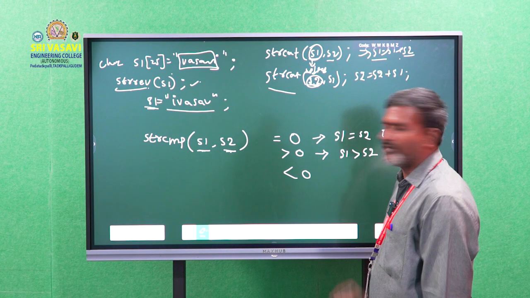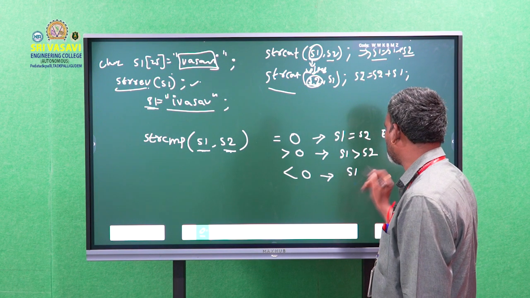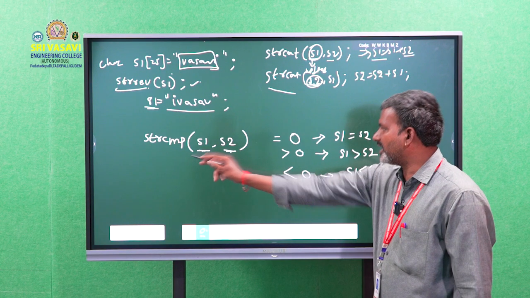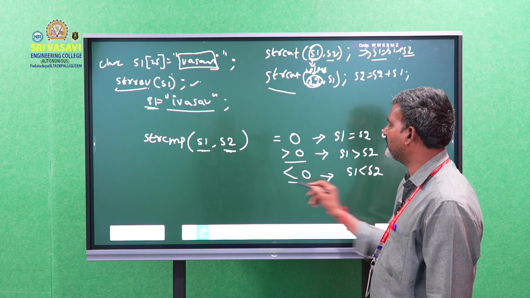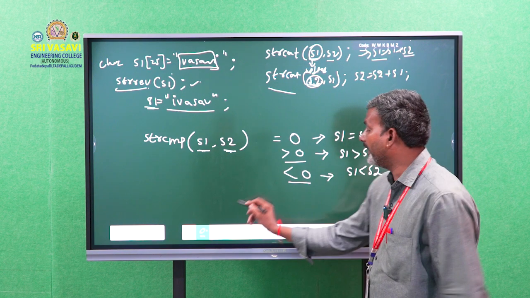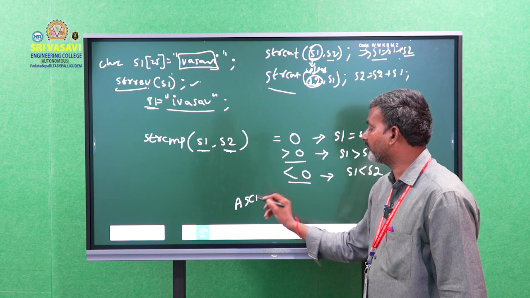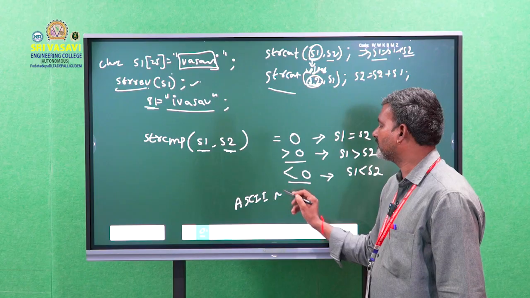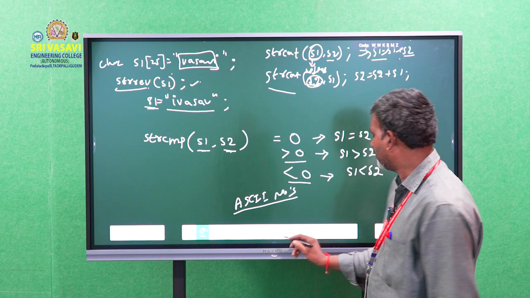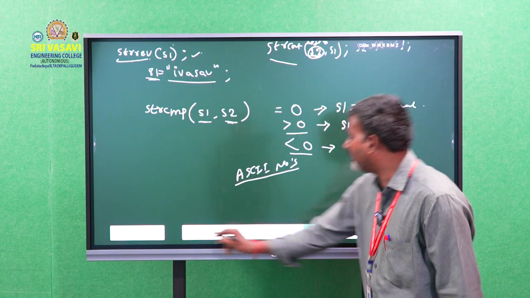It returns a negative value when s1 is less than s2. The strcmp function returns positive or negative values based on the ASCII numbers only. Here we must know the values.